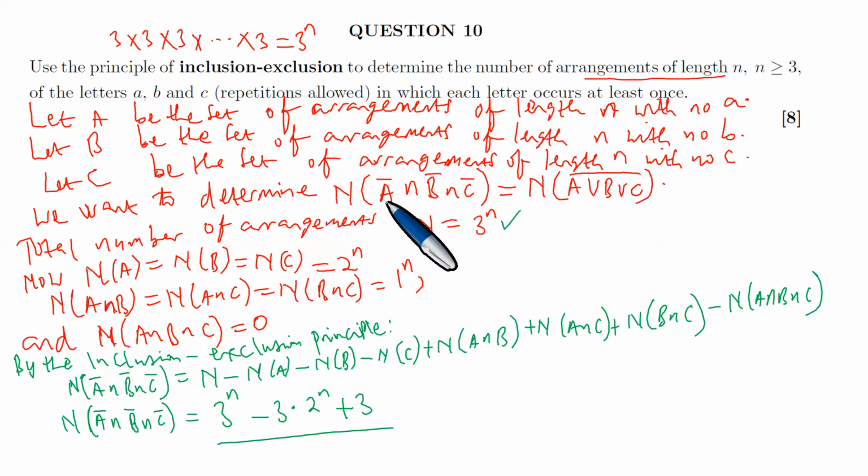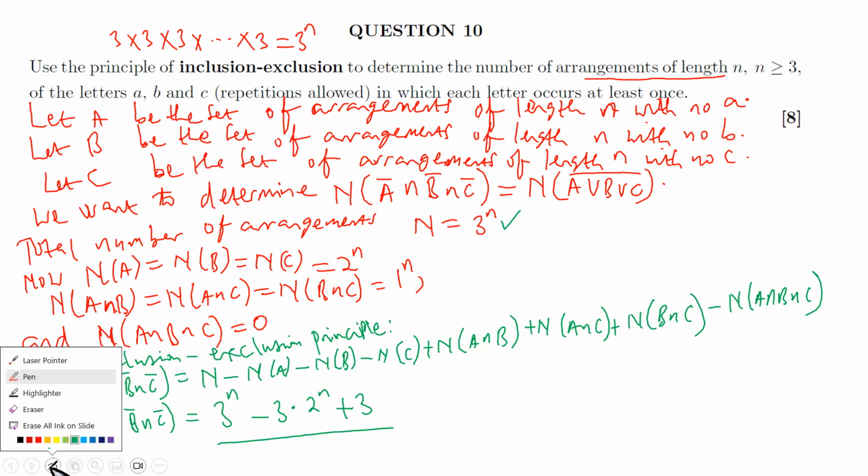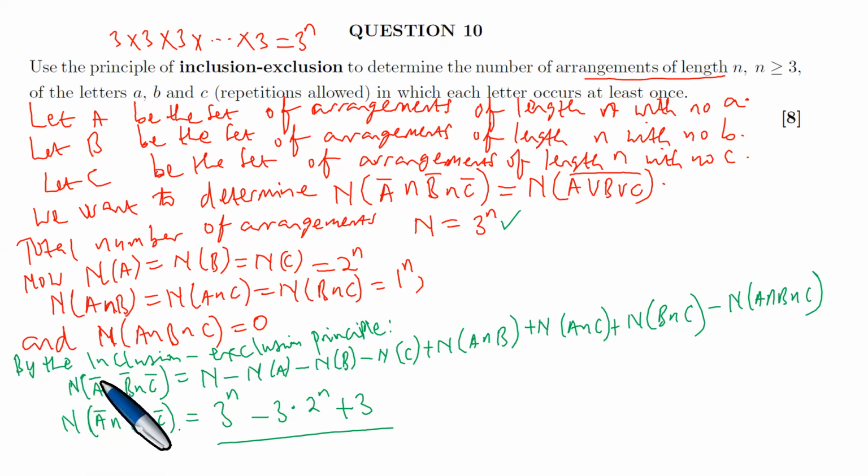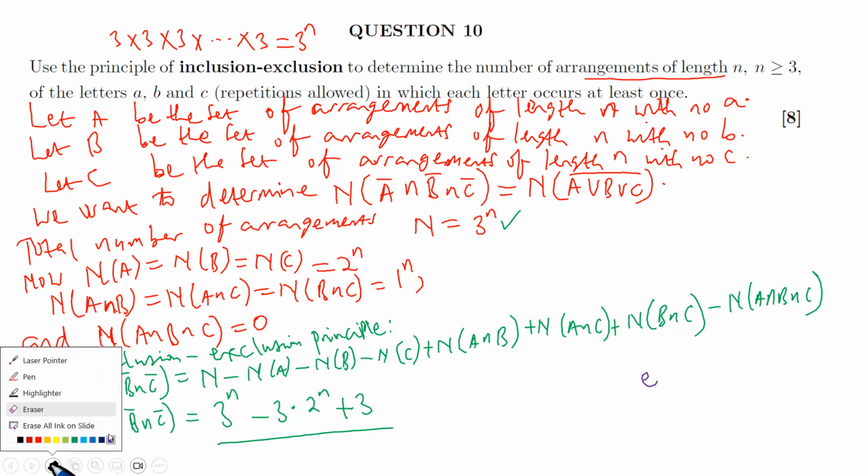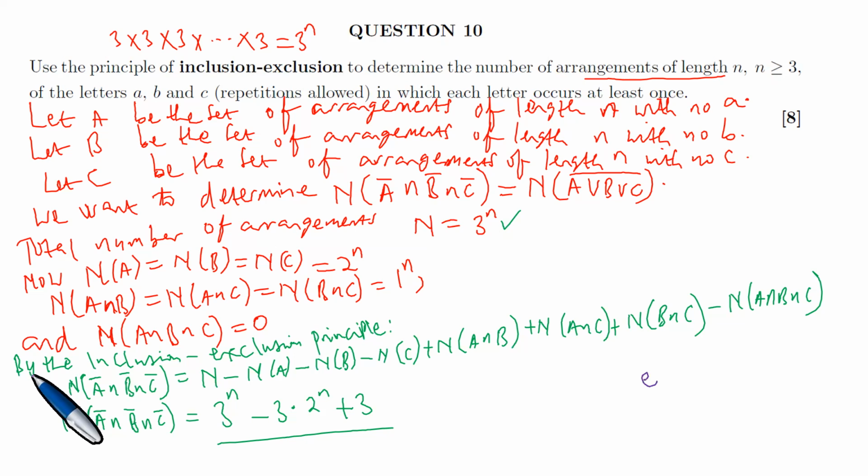Now, if you look at the set theory, according to De Morgan's law, the intersection of A complement, B complement, and C complement, we can take the union of these and take a common complement. I'm just going to comment on De Morgan and then we're done.